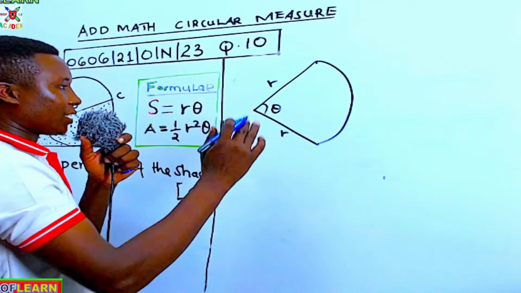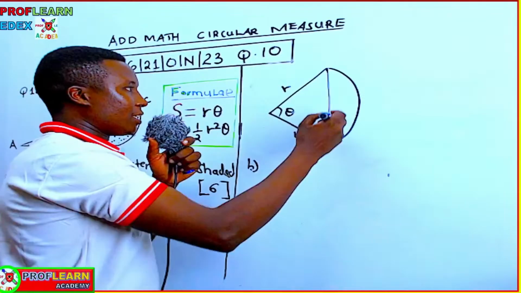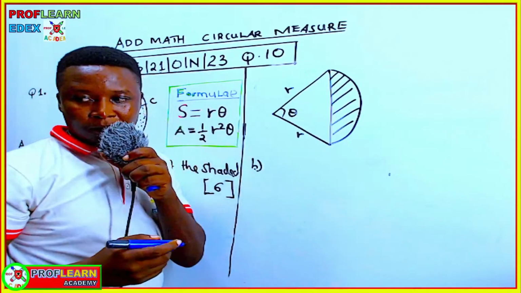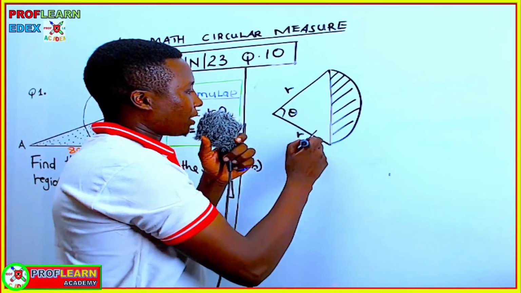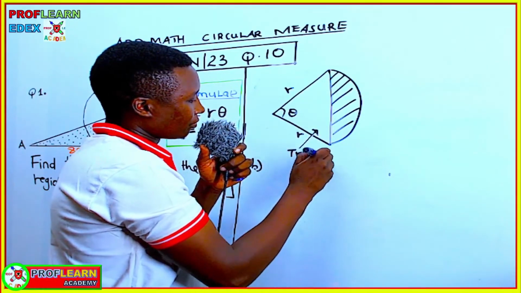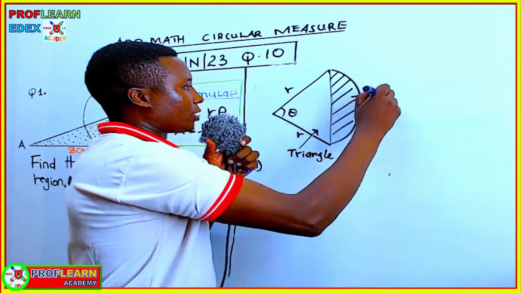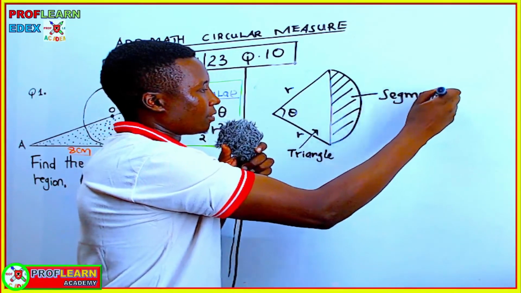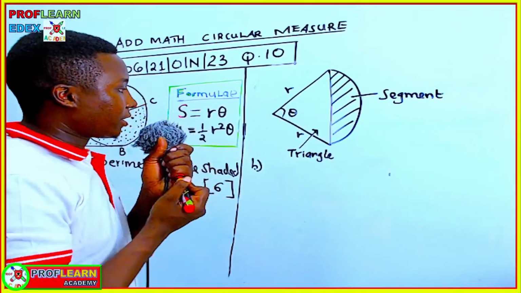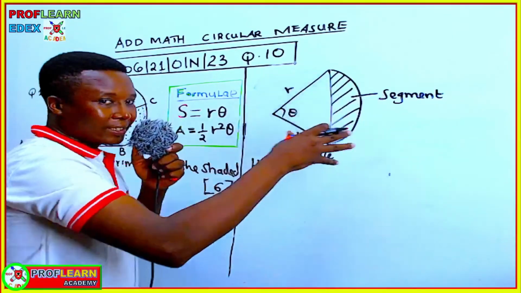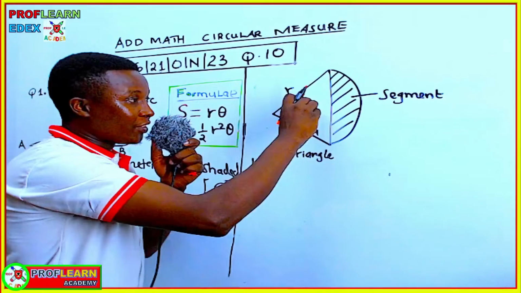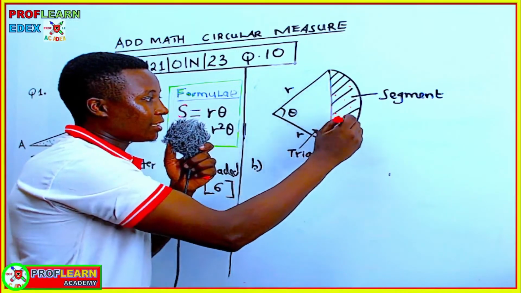But now suppose this part is subdivided, in that you are expected to work out the area of the shaded part. You need to remember that this part that we have here is actually a triangle. So for you to work out the area of a segment, you need to work out the area of the entire sector, and then you subtract the area of the triangle, so that you remain with this part that is shaded here.